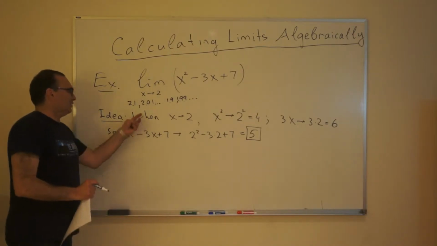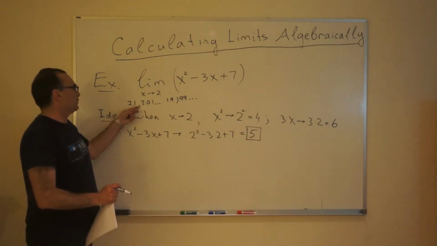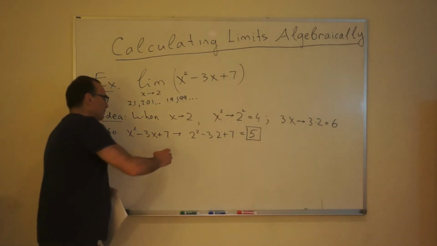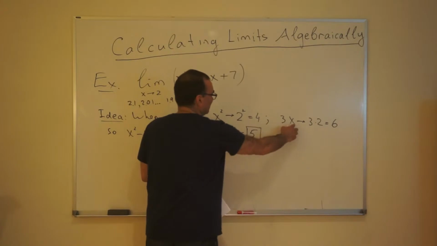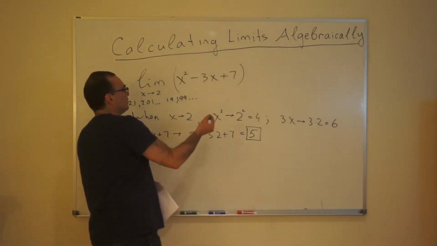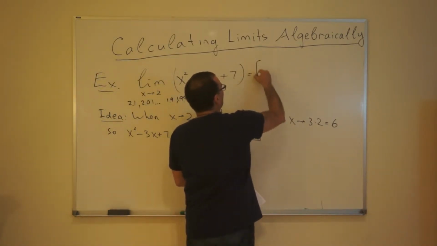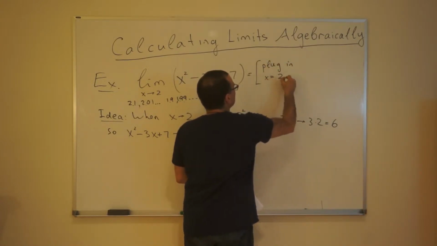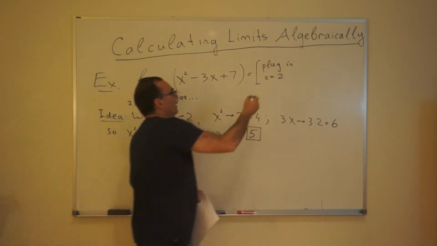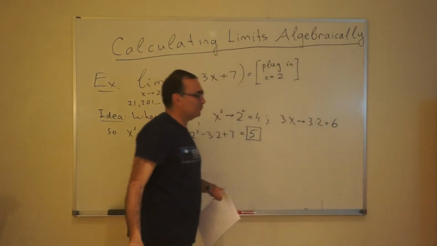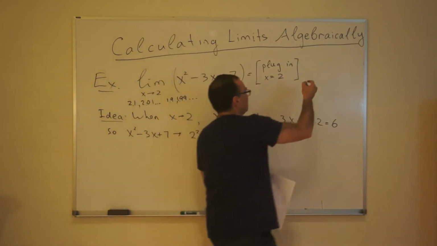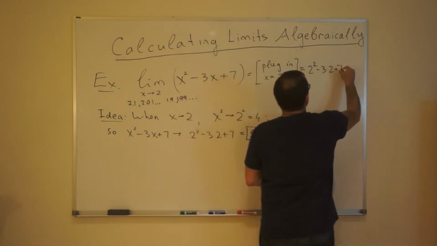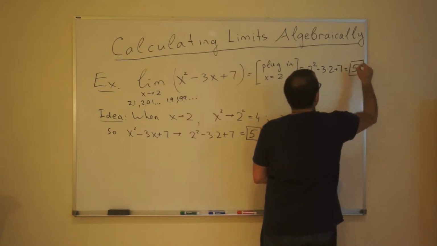Now I told you that you're supposed to plug in numbers like that. I didn't really plug in any numbers like 2.1 and 2.01. In fact, what I have done, I just plugged in exactly 2 for x. So I just plug in x equals 2, whatever the value x approaches, and do a purely algebraic operation, and the answer is 2 squared minus 3 times 2 plus 7, which is 5, and that is the way of calculating limits.